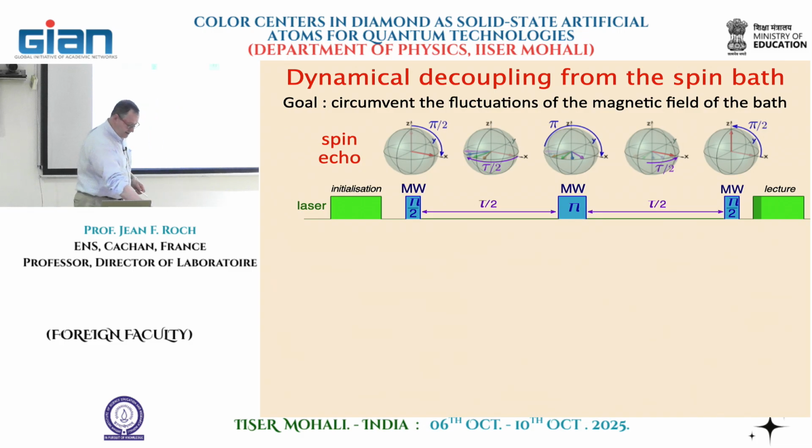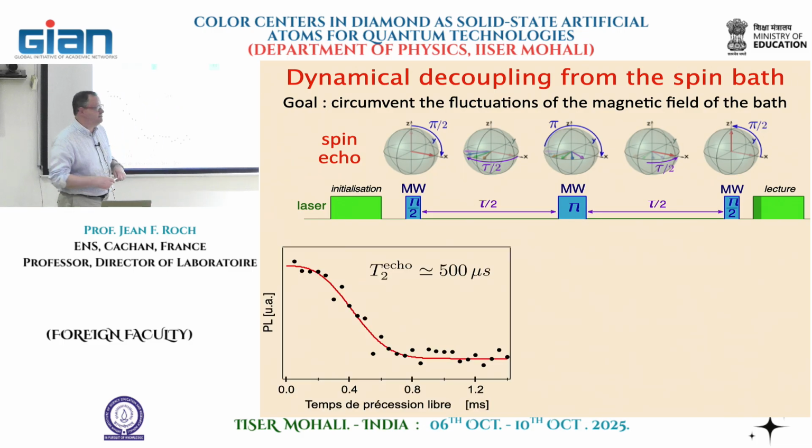That makes the measurement scheme a little bit more complicated, but the survival time of the echo, which is now limited by the T2 time, the intrinsic coherence time of the signal, goes up to 500 micrometers. So there's a strong enhancement factor associated to that, and it can even reach higher values depending on the system.